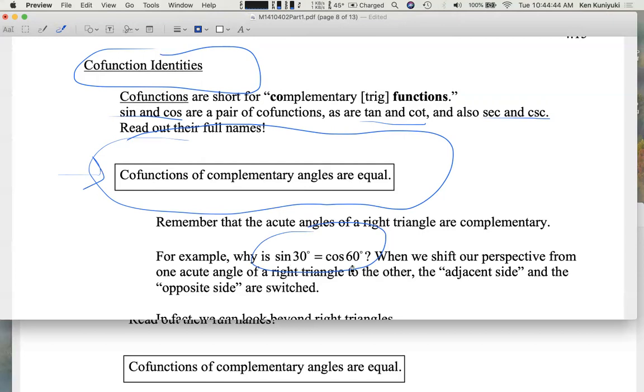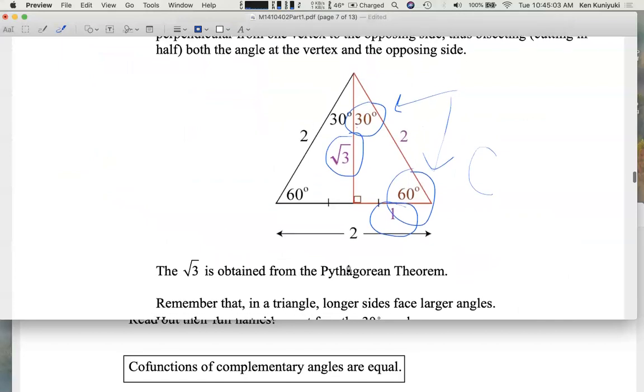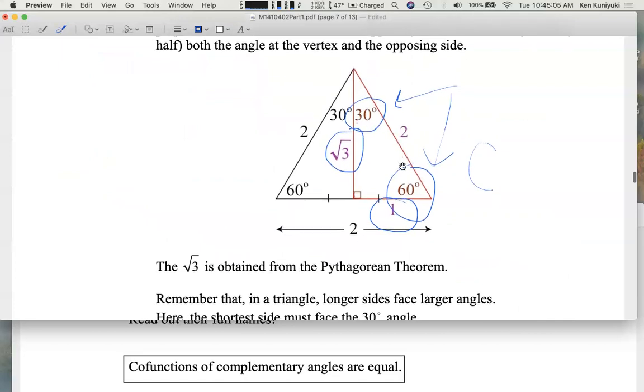These were both equal to 1/2. 30 degrees and 60 degrees are complementary angles, and sine and cosine are cofunctions. Again, that reflects the fact that when we switch from one angle to its complement, we're switching the adjacent and opposite sides.